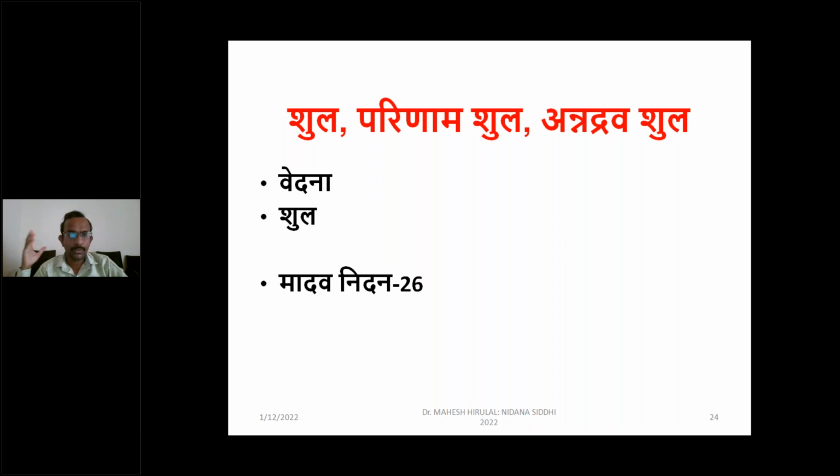If we use the word Shula, according to the context, the meaning of the Shula will change. If the person is telling about Shira Shula, it's related to the Shira, or Kati Shula, Griva Shula, etc. If you are telling in the Annavaha Srotas, it is related to the Parinama Shula and Annadrava Shula.